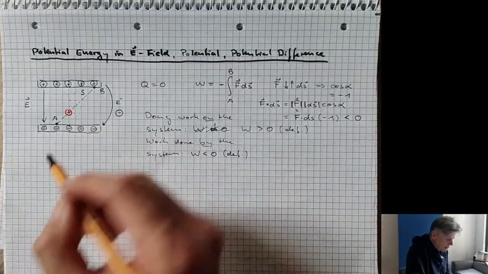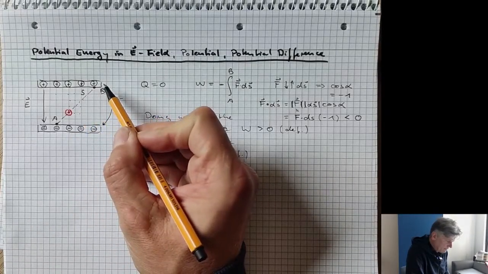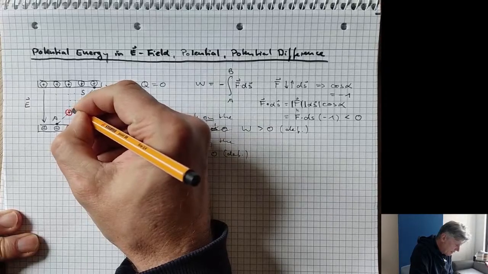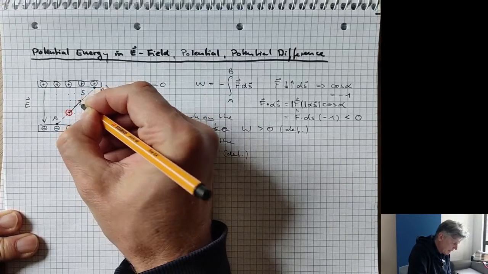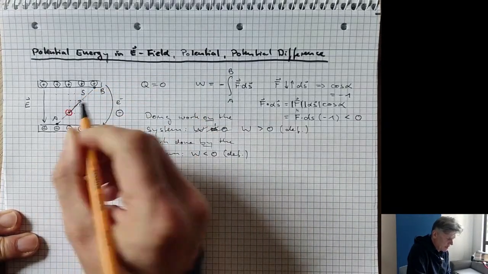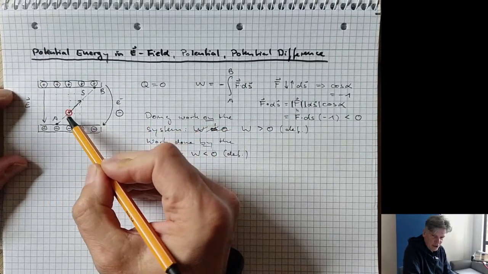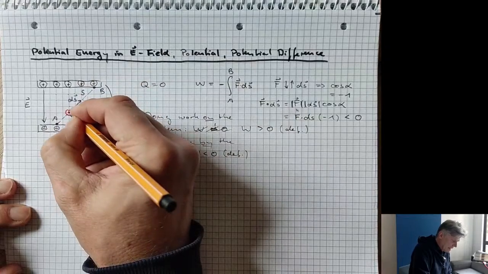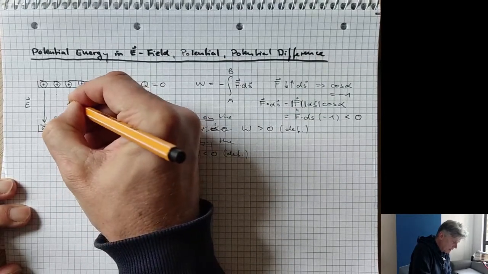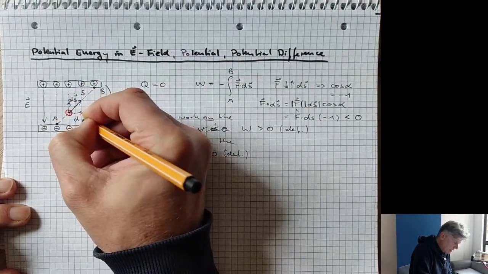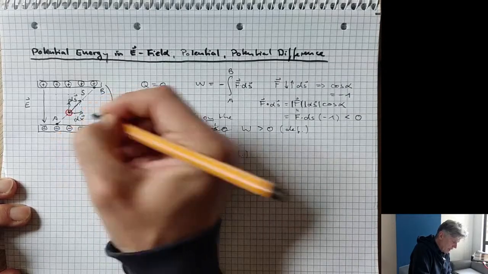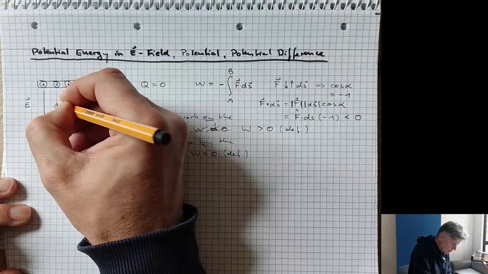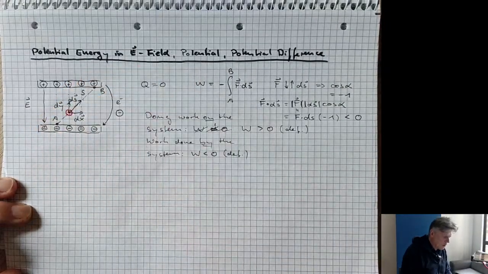Okay, so we now have the path S here, and this path is now made of small steps, right? Let's say the positive charge is somewhere here at this location, and this is the vector ds. And that can be basically separated in the vectors dx parallel to the x-axis, so we have to introduce a coordinate system, and dy parallel to the y-axis, right?